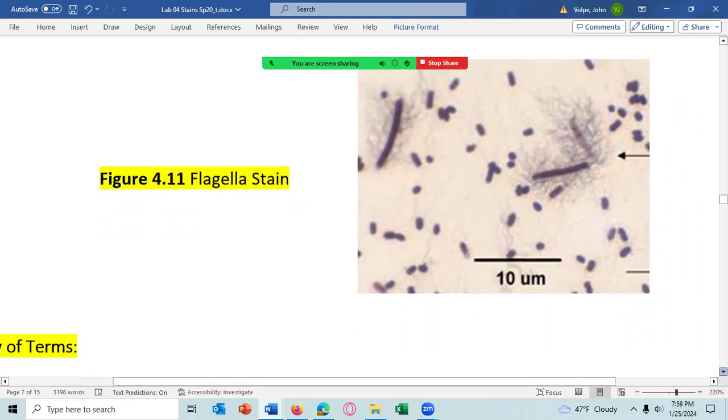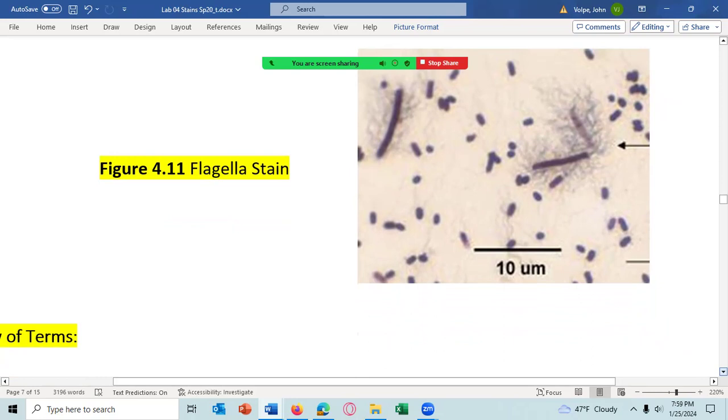So these would be called peritrichous, and the reason why there are multiple arrangements is that when the cell first goes through cell division and splits into two, the cell will be like this one here, which has no flagella. And then the cell will start making a flagellum. Initially, the cell will only have one flagellum.